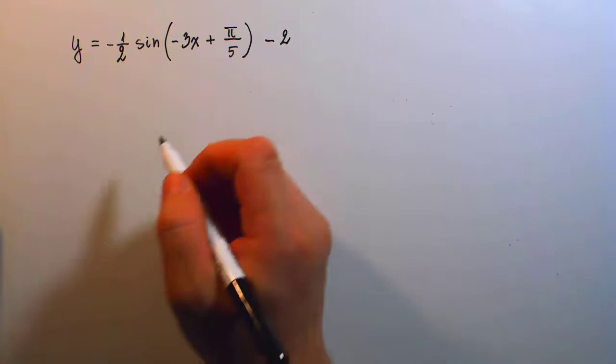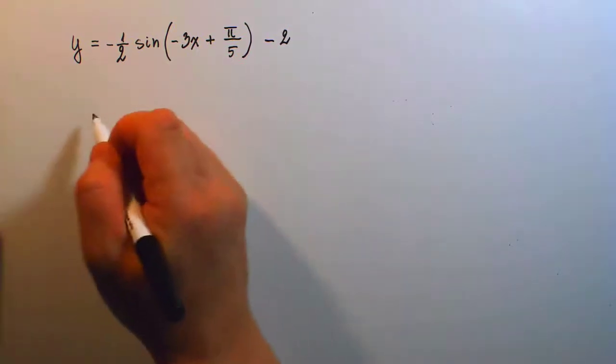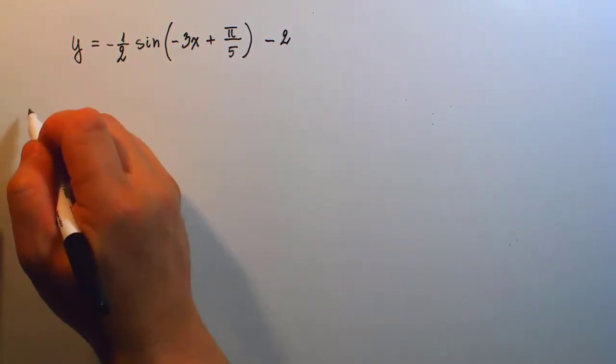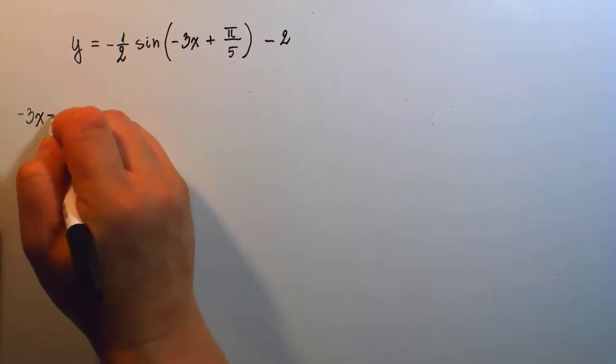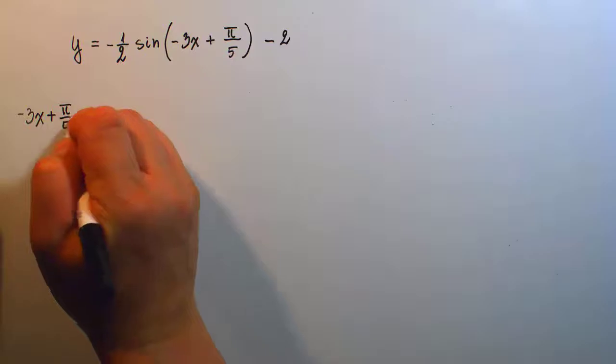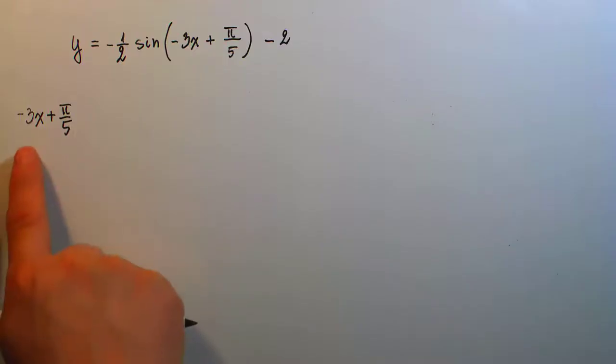So the first thing I'm doing, once again on the corner of my paper, is minus 3x plus pi over 5. What I'm going to do here is factor out a negative 3.